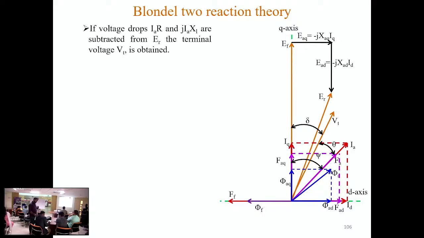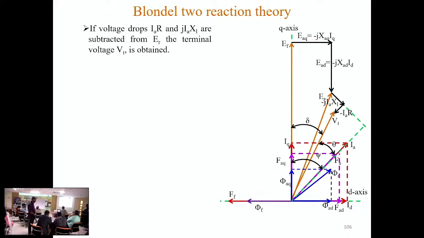So if we subtract those two drops from ER, then only we will get VT. So here the IAR drop and IAXL drop are subtracted from ER to get this VT. Now you can see these two drops are with respect to their corresponding currents ID and IQ, but these two drops are for the whole current IA.